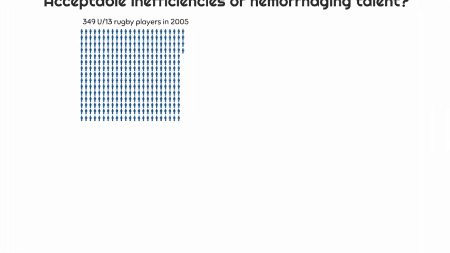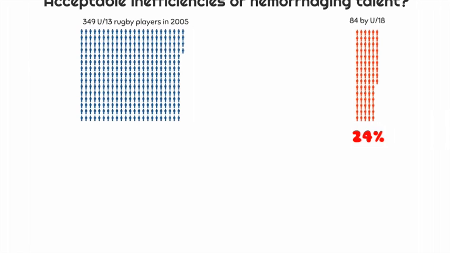So we can ask the question, what percentage of the players who represent their territories or regions at the age of 13 will ultimately make it through the pathway and appear in the system at the age of 18? Because that will give us an idea of how efficient or inefficient the system is. So in 2005, at the under-13 tournament, there were 349 under-13 players.